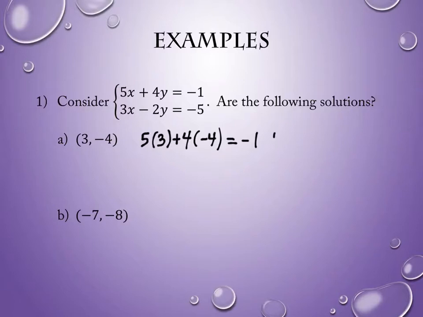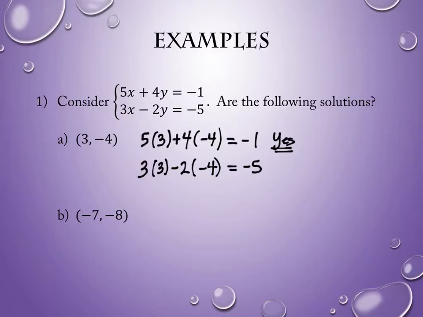Yes, it does. So this is a potential solution because it worked in the first equation. So we try it with the second equation: 3 times 3 minus 2 times negative 4. Does that equal negative 5? It doesn't work, does it?